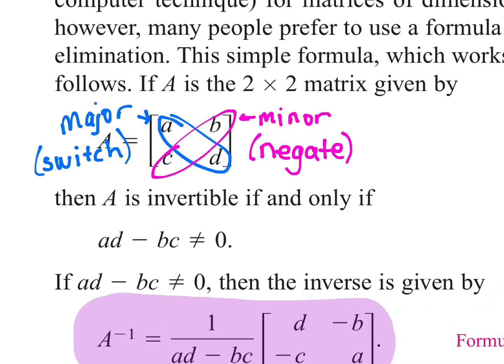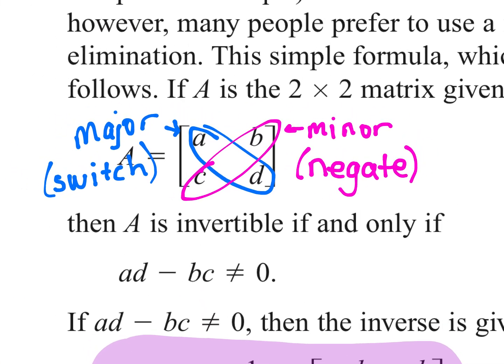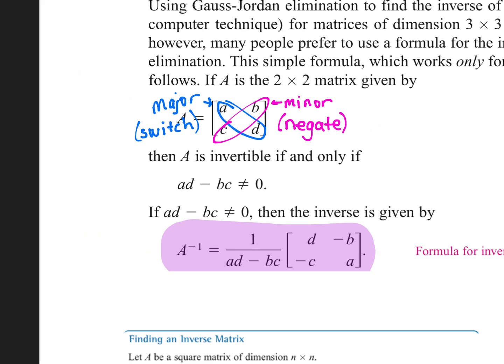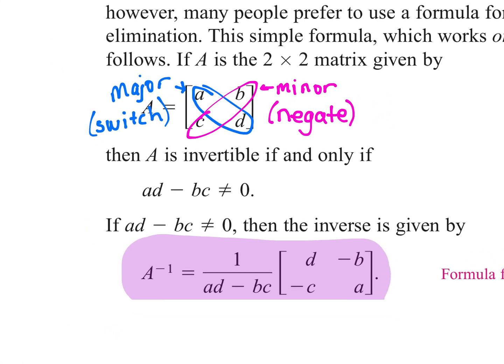This is how your setup is. All right, we're going to talk about major diagonals and minor diagonals later. But notice what I have in blue and pink, and then notice the quote-unquote formula to find inverses. What does it mean where it says major, that major diagonal where it says switch? What happened with the entries of A and D when you put it in the formula?